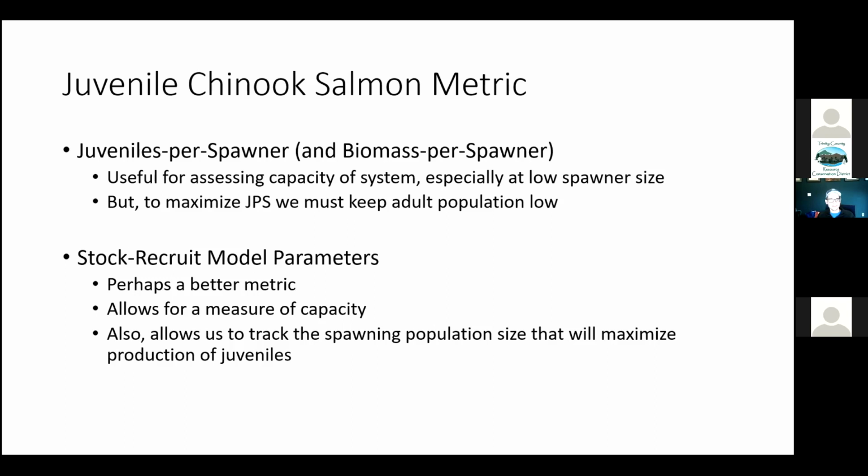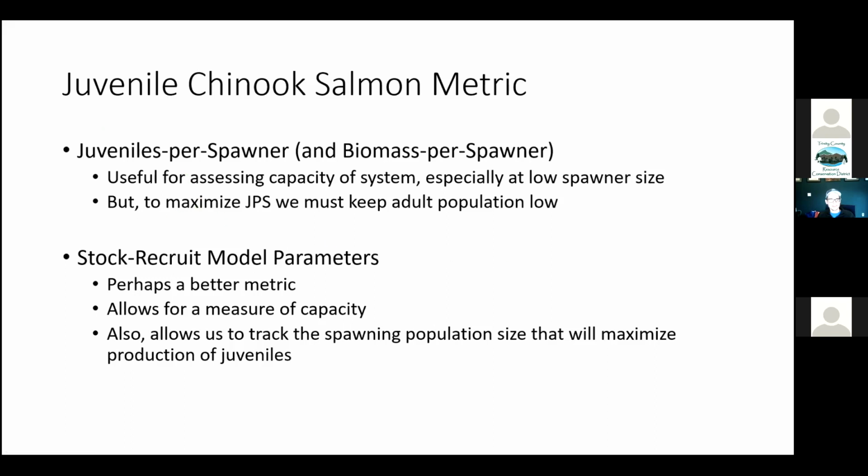Although I don't think we want to use it as a metric of what we're shooting for, it allows us to assess some capacity of the system. So I do think that we should be tracking juveniles per spawner, but we don't want to maximize that as a metric of the program.